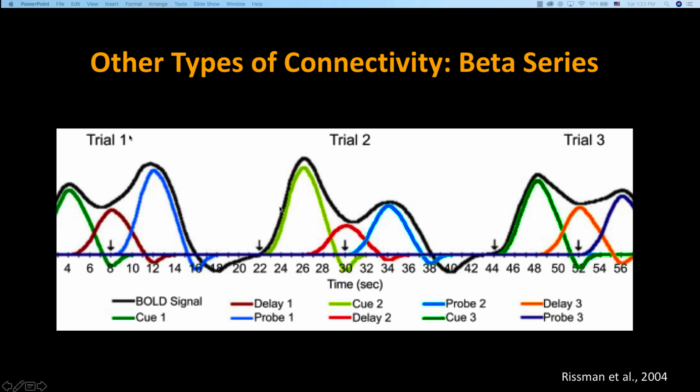So beta estimate for 1, 2, 3. I can do that for an individual voxel. And then I'm basically daisy chaining all of those beta estimates together, beta series. So then I do that for one voxel, then I can look at another voxel and say, do I get that same pattern of rises and falls?